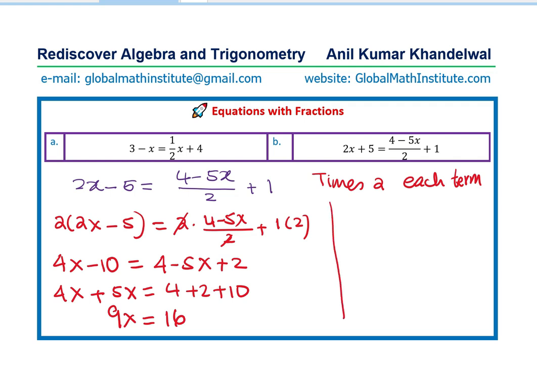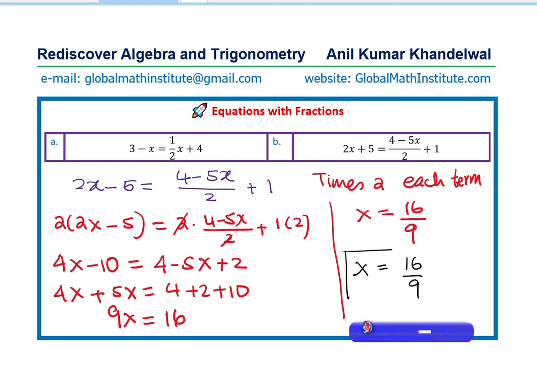And now you can write x equals to 16 divided by 9, which can be simplified? Well, in this case, that is the simplest expression. So we have our answer x equals to 16 by 9. Sometimes this expression can be simplified. If that is so, please do it.